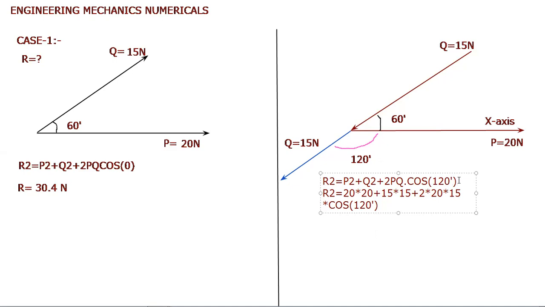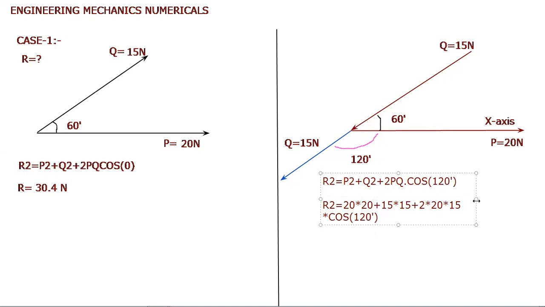So after putting the values, the expression will be like this, and you have to solve this on your calci. After solving this, we'll get the answer R is equal to near about 18 Newton.